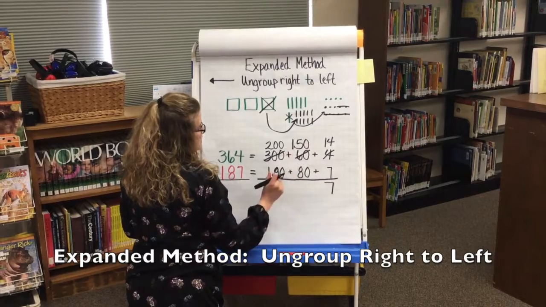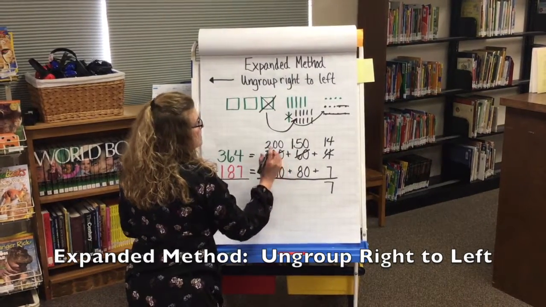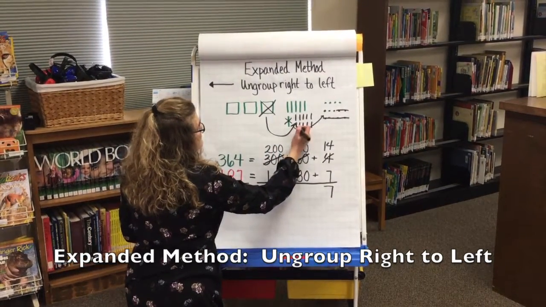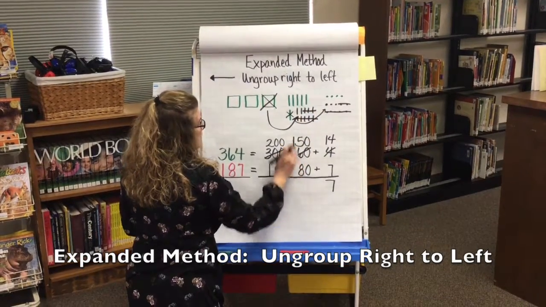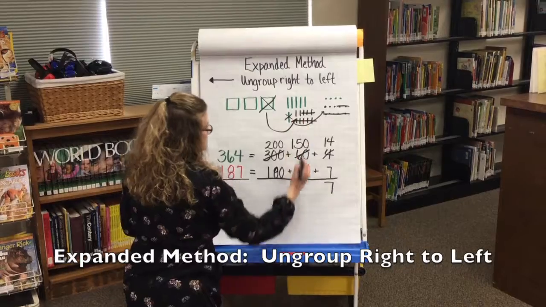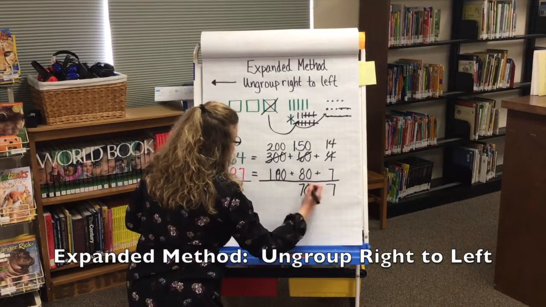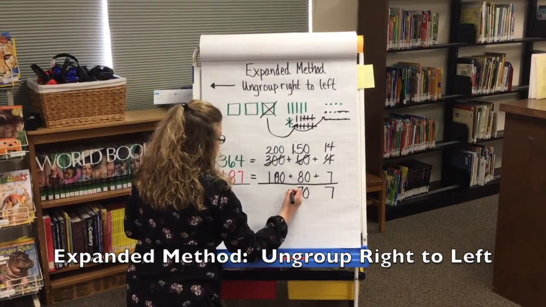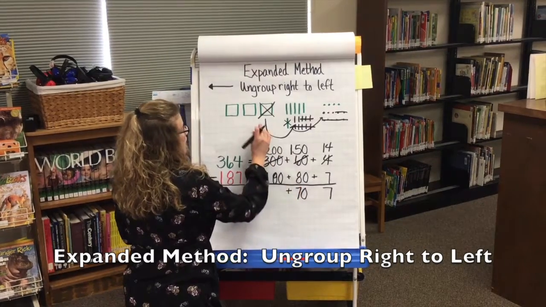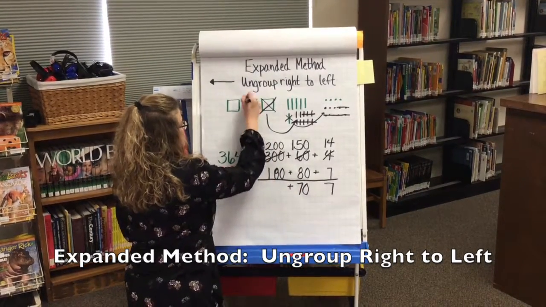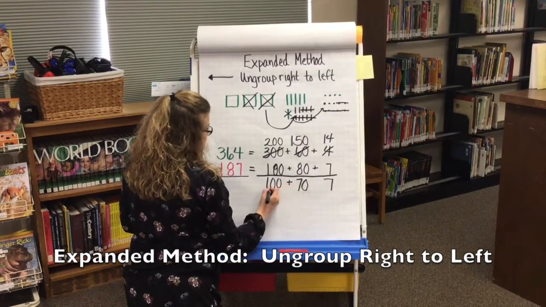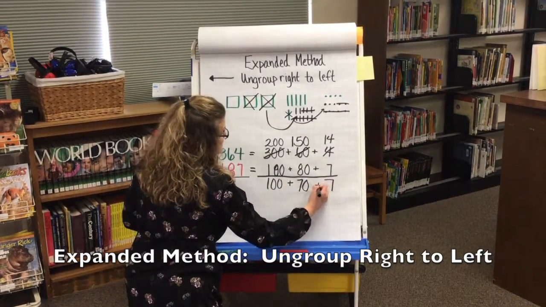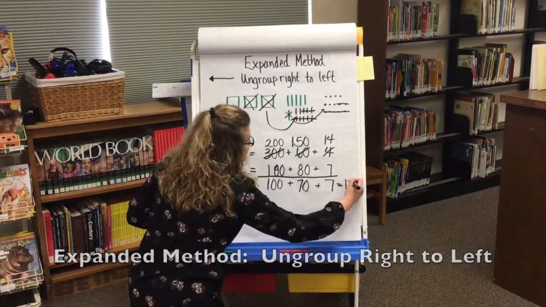So my 150 here, I now take 80 away from my 150, and I have 70 left. And I now take 100 away from my 200, and I have 100 left, and I add these numbers up. 100 plus 70 plus 7 equals 177.